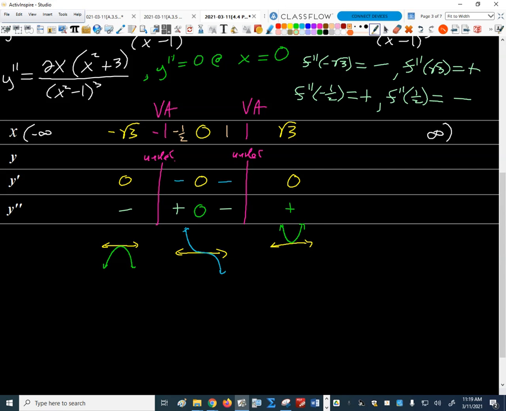Okay, is everybody seeing that? And once again, I'm going to put the word or in here because I really don't have to do both of those. By evaluating the signs of the test points, either using the first derivative row or the second derivative row, it tells us everything we technically need to know there, right?